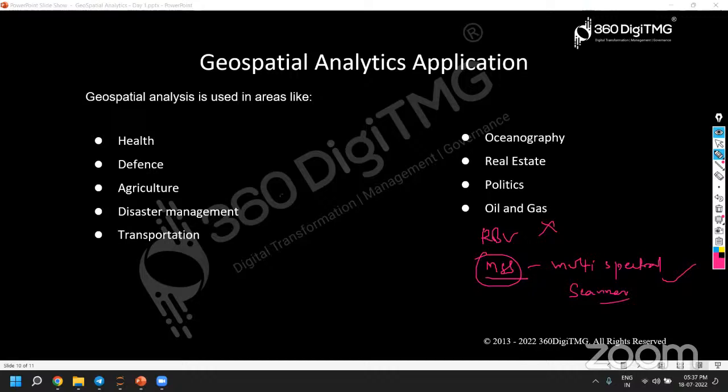Then we also used infrared and spectral imagery concepts to understand what kind of change was there in the vegetation, or maybe soil. The soil gets eroded, and then soil properties get changed over a period of time, right? So we try to understand all this information.